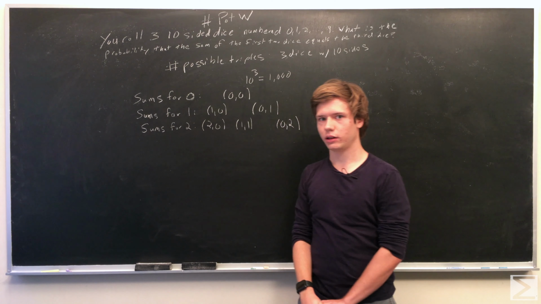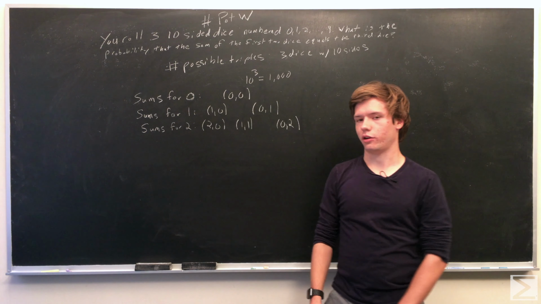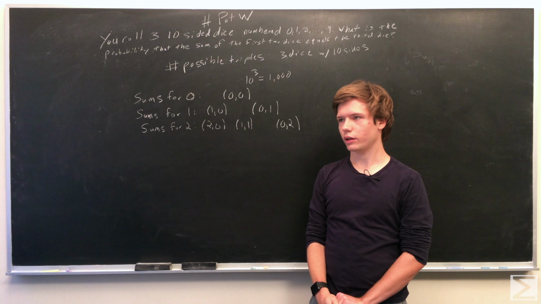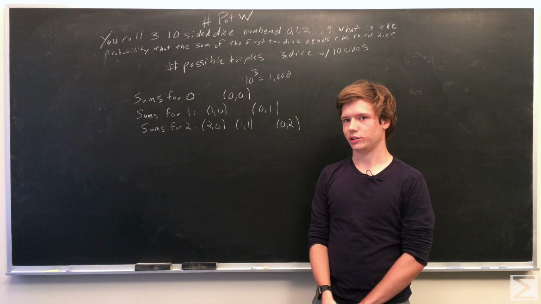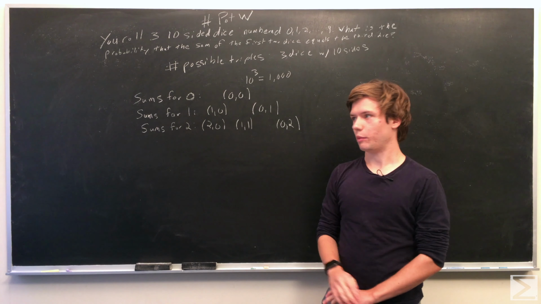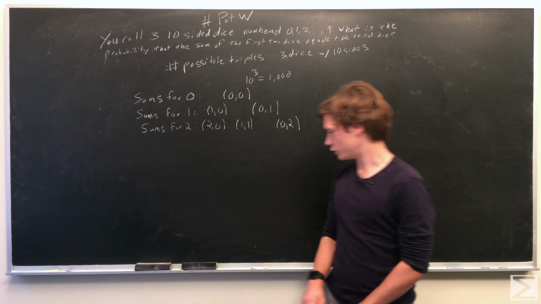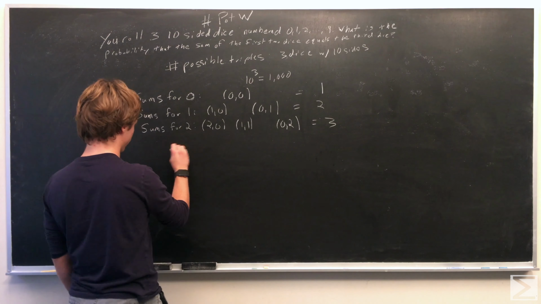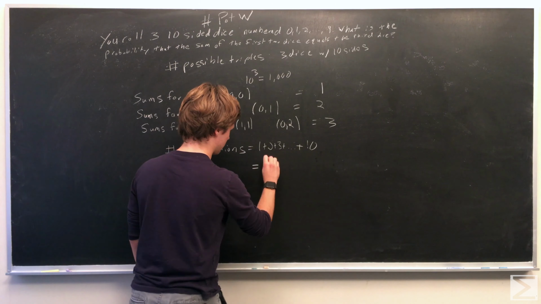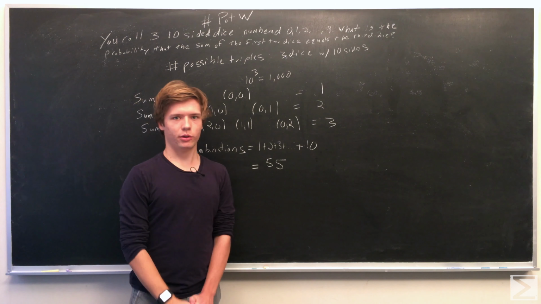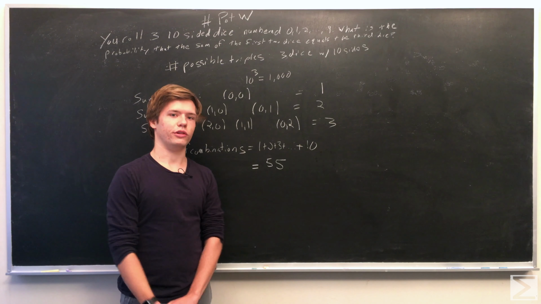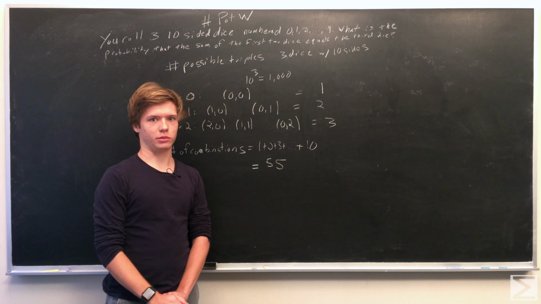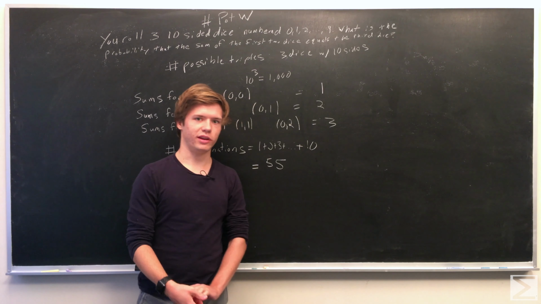Because the possible values are 0 through 9, the number of combinations will equal 1 plus 2 plus 3 plus 4 all the way up to 10. So write that down. Now we know that the number of combinations is equal to 55, which is just 1 plus 2 plus 3 plus 4 plus 5 all the way up to 10.